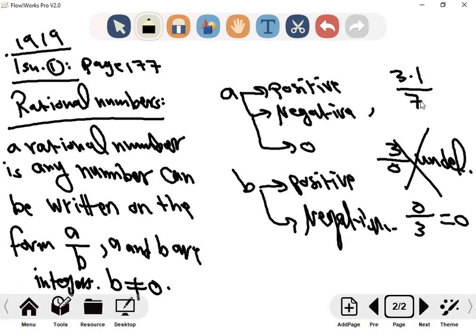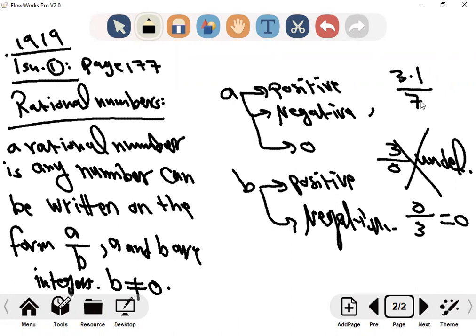But this one, 3.1 over 7. Is this rational number? Yes, it is. Else, is this rational number? Good. No, it is not. Is 3.1 integer? 3.1 is decimal.